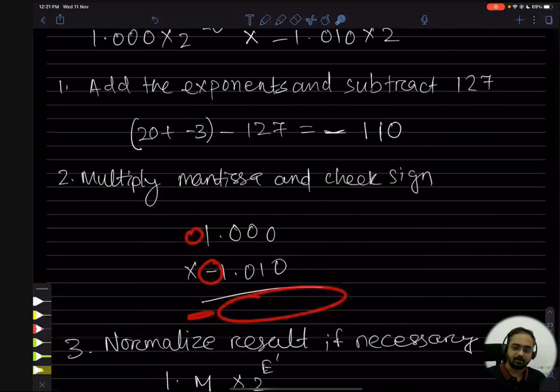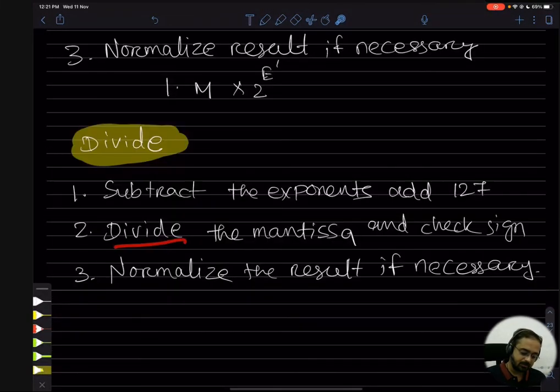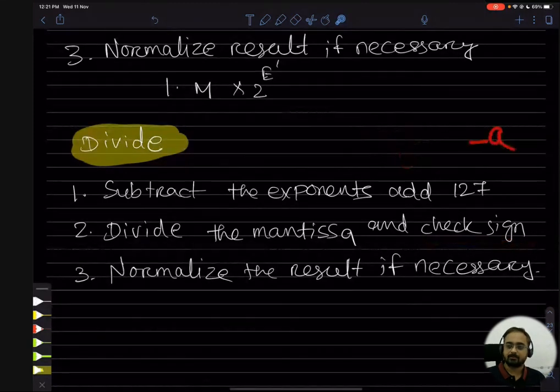In case of division also, you have to divide both mantissas, and you also have to check the sign. Suppose you are doing minus a by b, the output will be minus some result, so you have to also fix the sign properly.